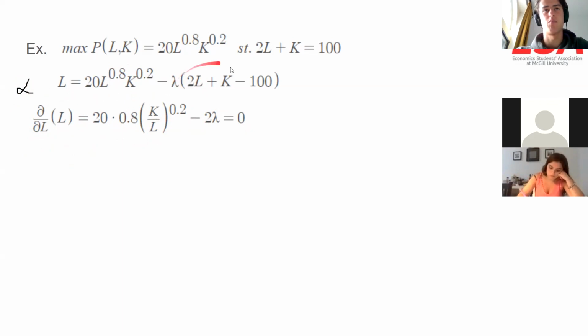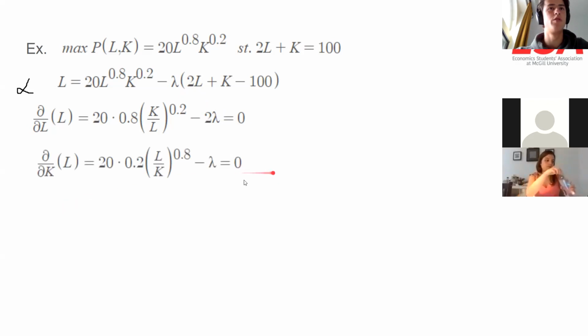By multiplying it out and then taking the derivative, we get 2 lambda, because L is to the power of 1. Moving on to the second first order condition, we get 20 times 0.2 times (L over K) to the power of 0.8, minus lambda. Again, the same logic applies.